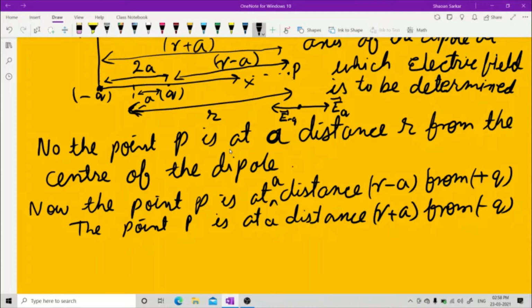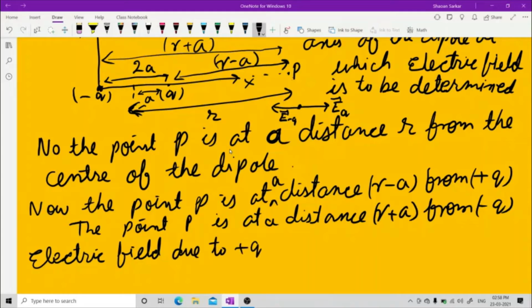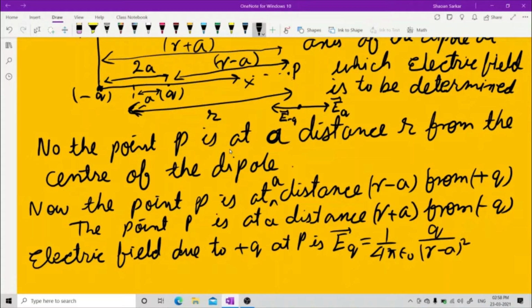Now the electric field due to plus q at P is E plus q equal to 1 by 4 pi epsilon naught q upon (r minus a) whole square i cap.